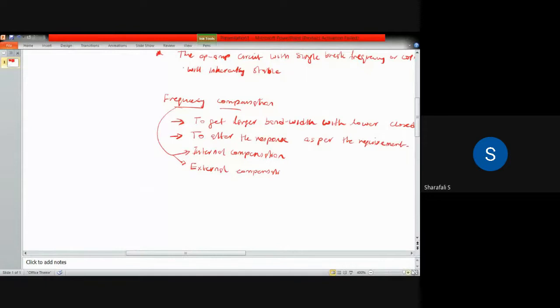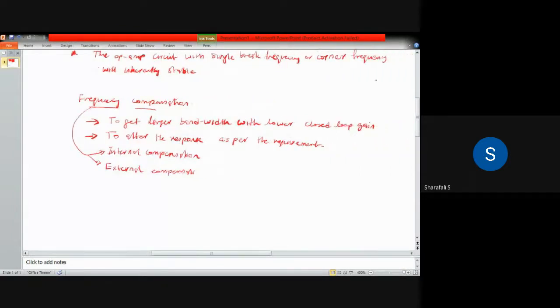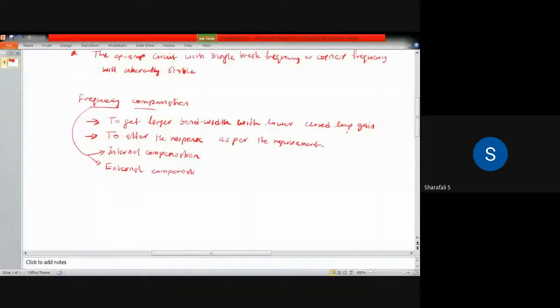So we have two different compensation techniques here. One is internal compensation, another one is external compensation. We already discussed this compensation; we studied the different op-amps in initial classes.